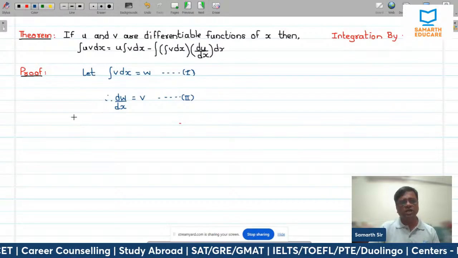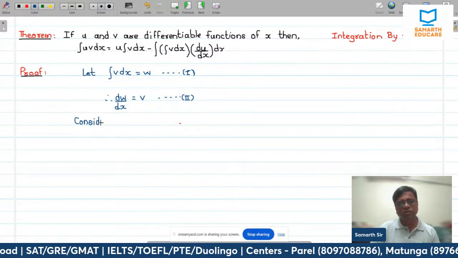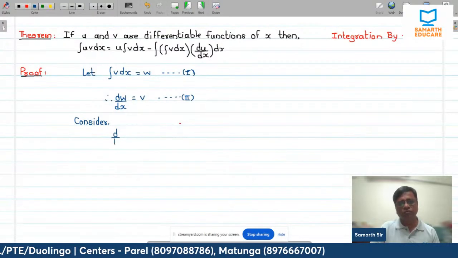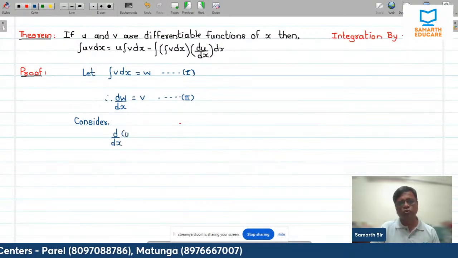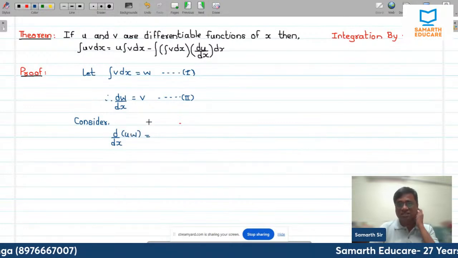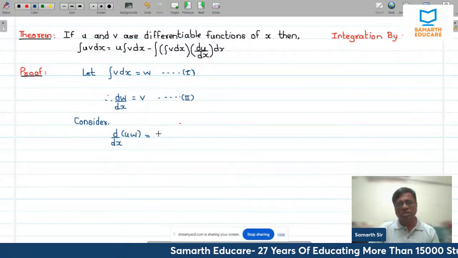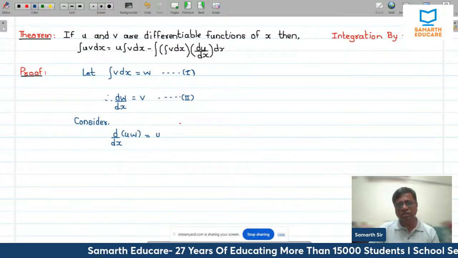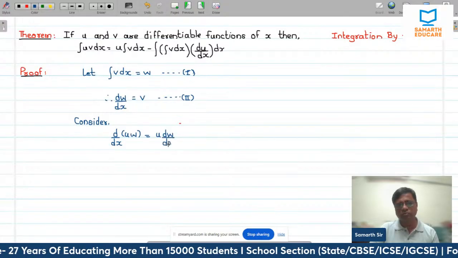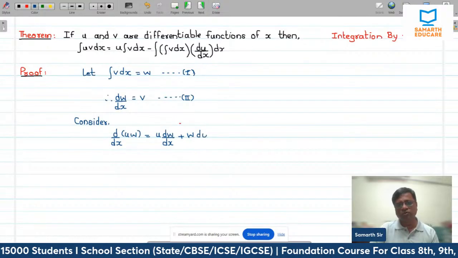Okay, now let's consider derivative of u into w. Here we are discussing derivatives and not integration. As per the theory of derivatives, it is u into derivative of w plus w into derivative of u.